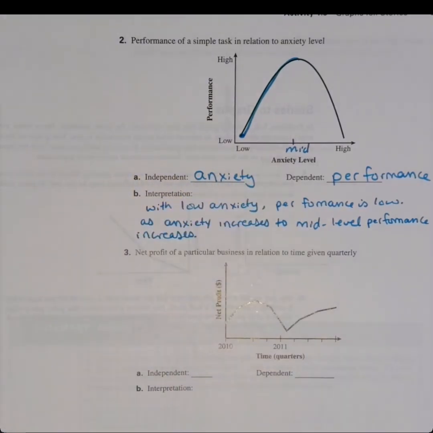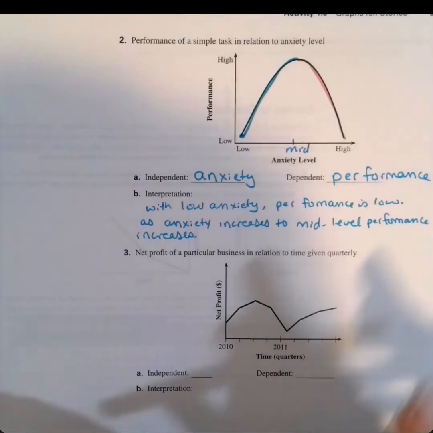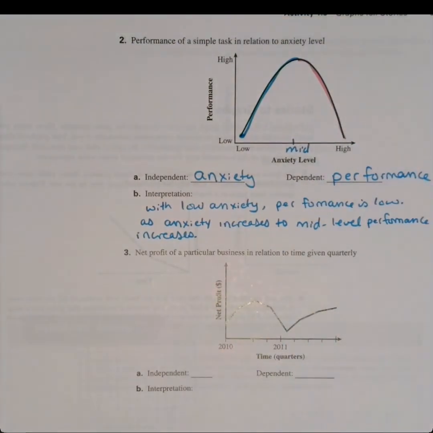Okay, so if you have a deadline coming up and you're starting that mid-level anxiety, your performance increases. But when your anxiety gets too high, it can negatively affect your performance.